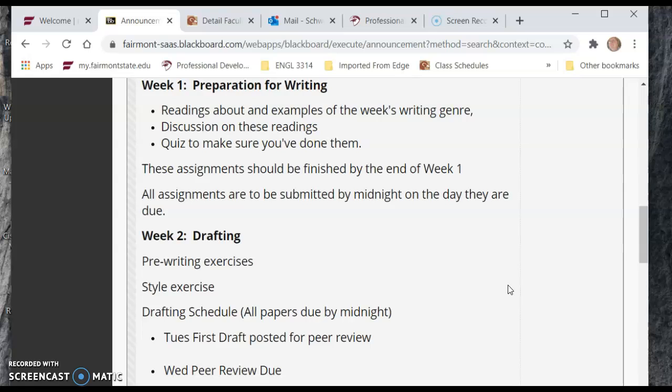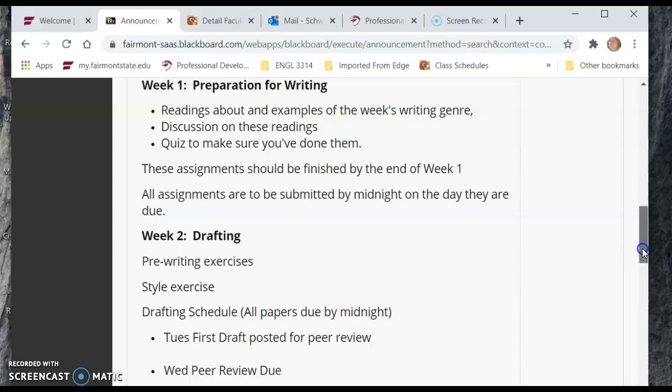The first week will be preparation for your writing, readings about the writing genre, readings in the writing genre, and generally either a discussion or a quiz or both, discussing what you got out of these readings.